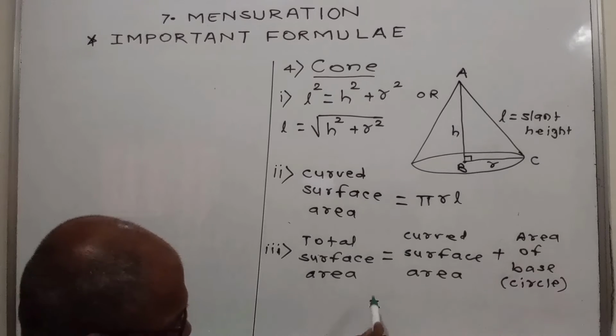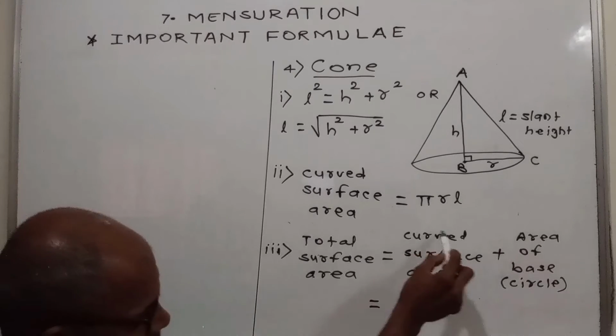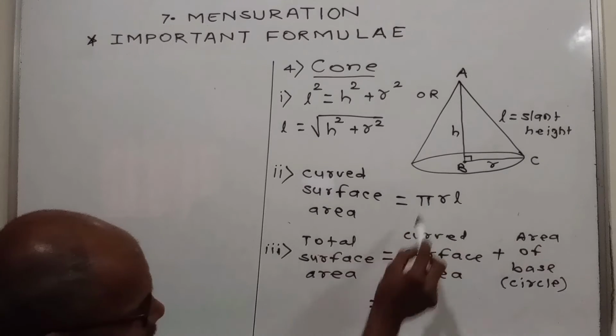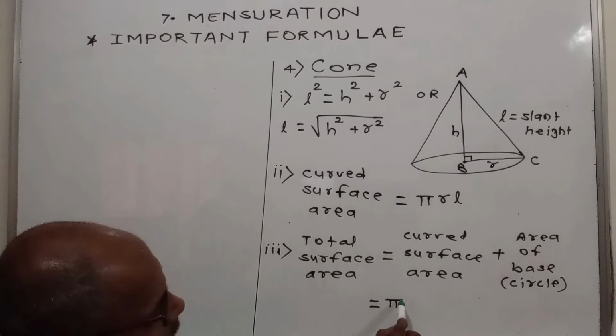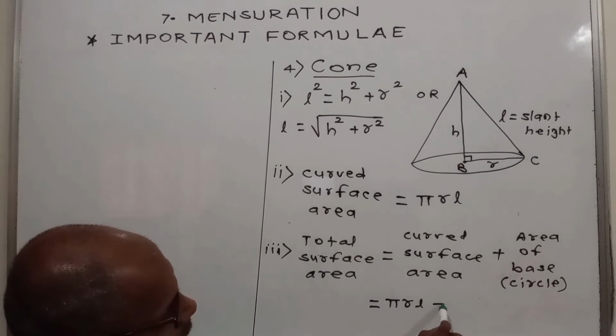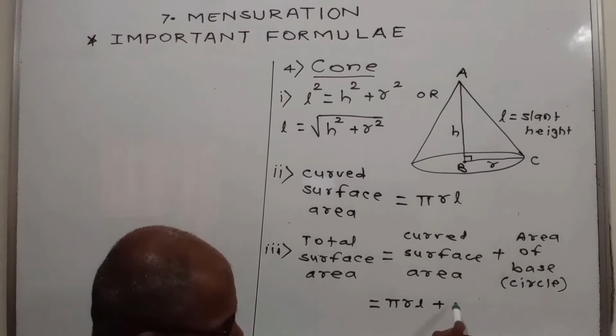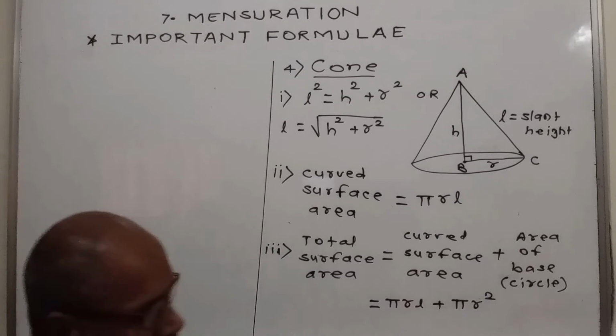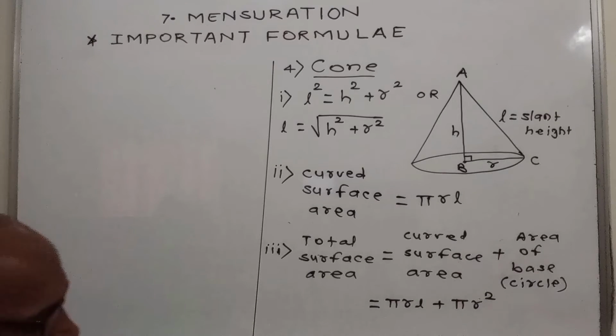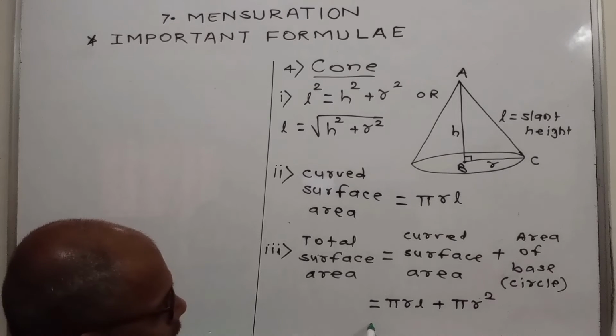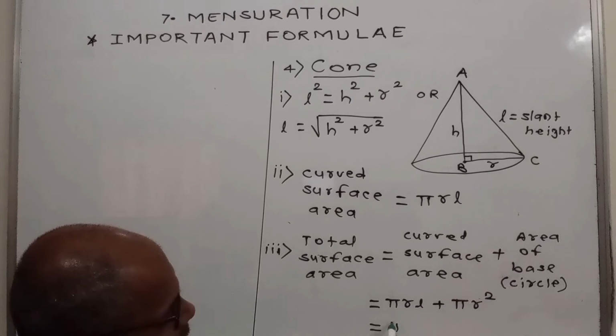Therefore we write curved surface area pi r l plus area of base. Base is circle. So area of circle is pi r square. Now here pi r common.